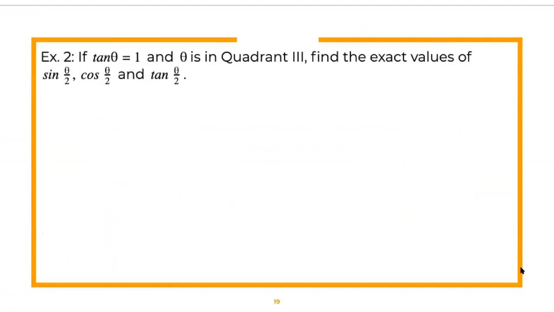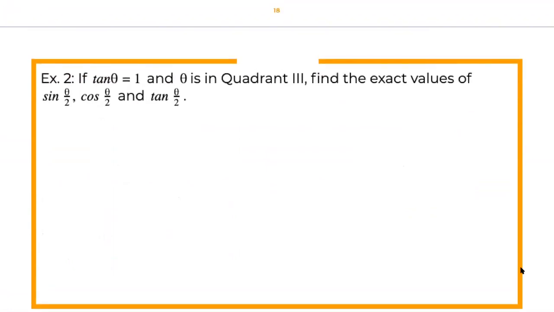Okay, so example 2, let's do one with a tangent. Tangent equals 1, and theta is in quadrant 3. So I know that means theta has to be between 180 and 270.